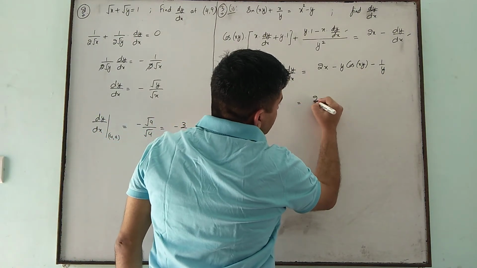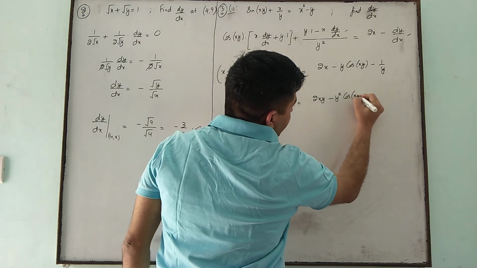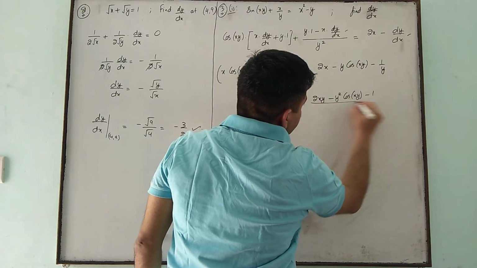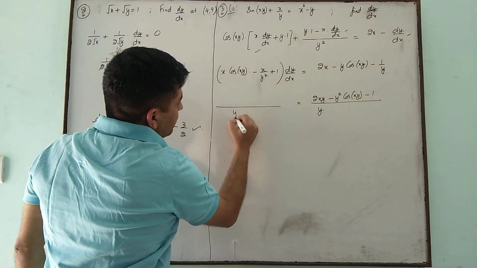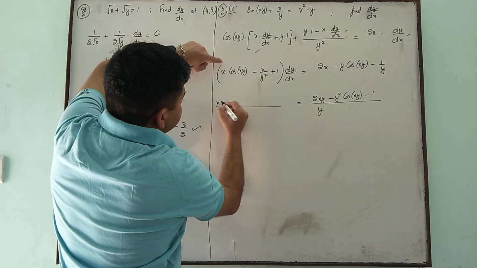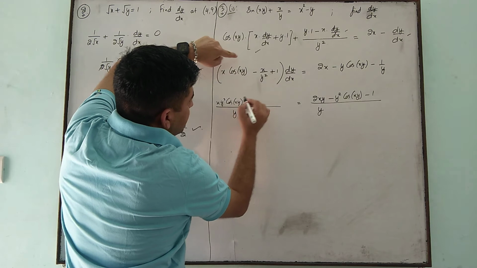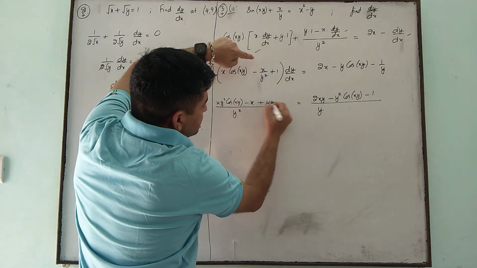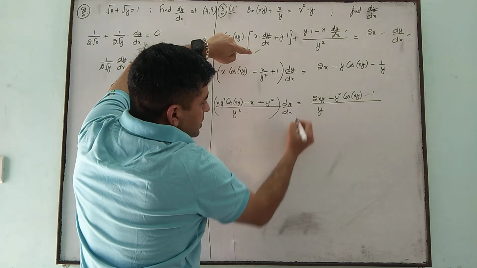Take the LCM, 2xy minus y square cos of xy minus 1. Take this LCM is y square, that is x into y square cos xy minus x plus y square, and this includes dy by dx.